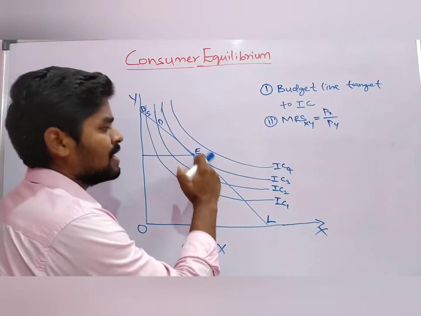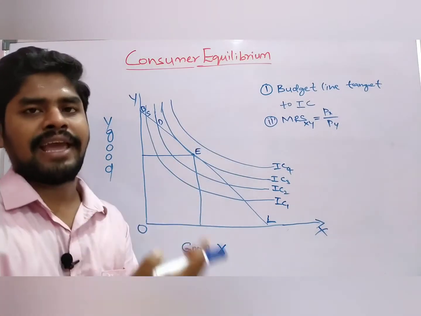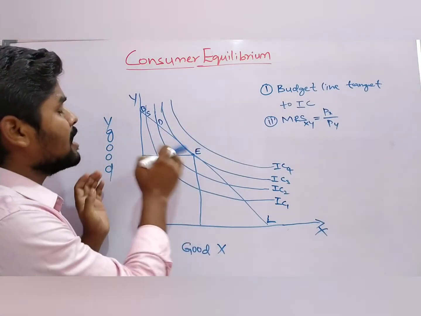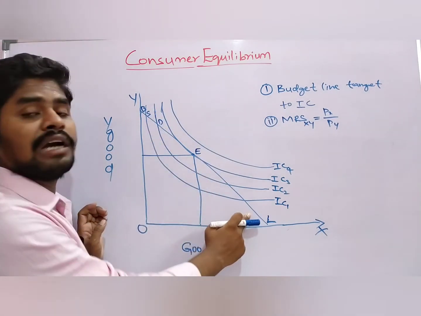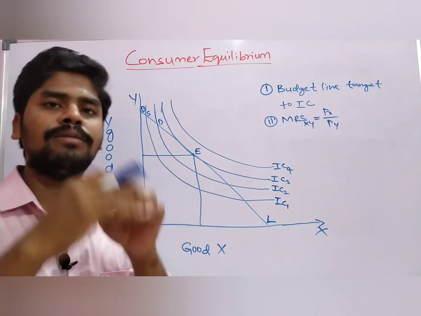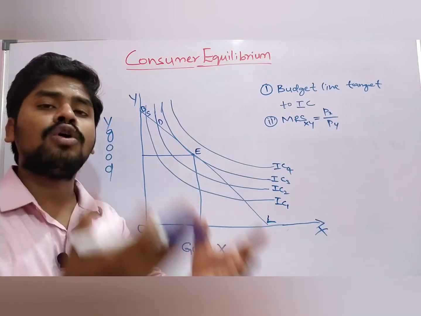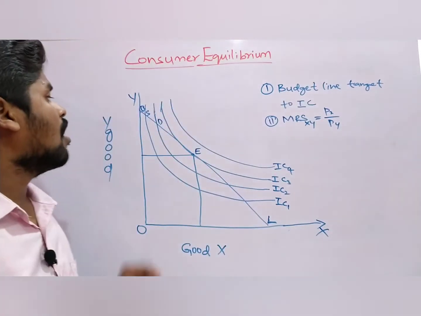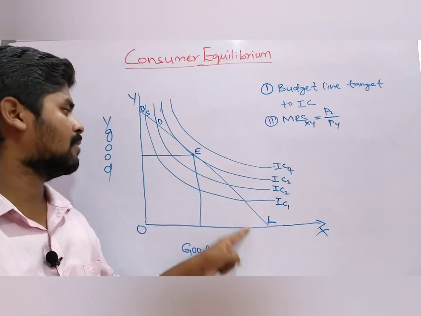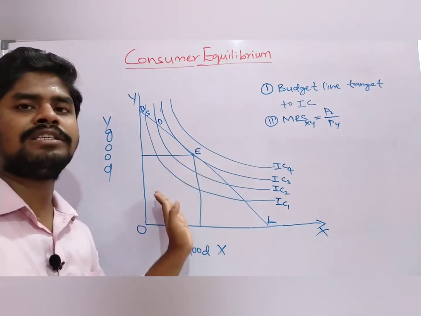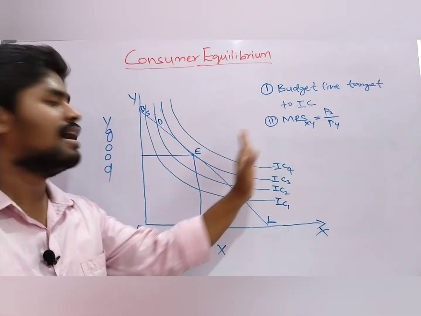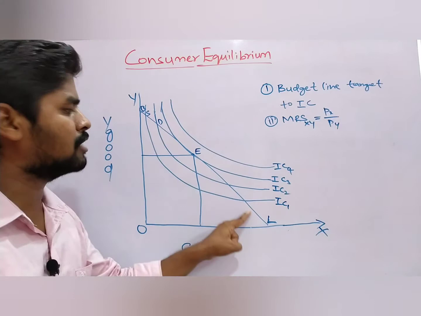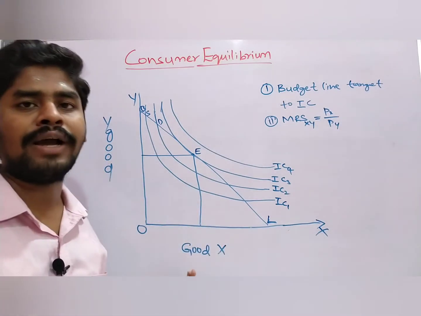If it is beyond the budget line, there will be scarcity. So at any point on the budget line, the consumer's income will be exhausted. His total income is exhausted on the budget line, so the expenditure should be on the budget line with respect to X and Y.